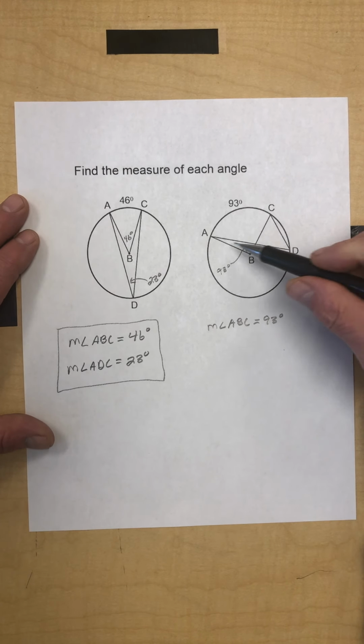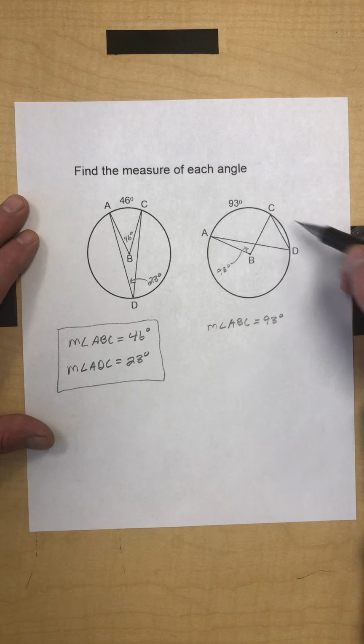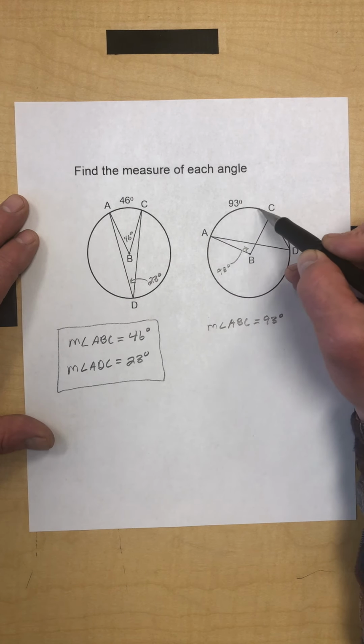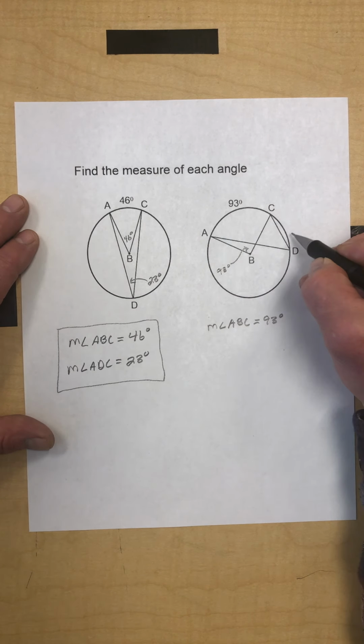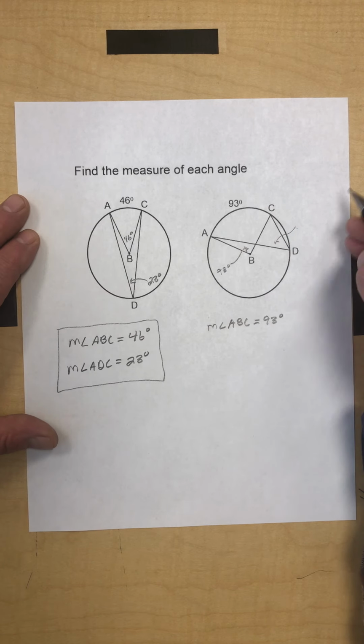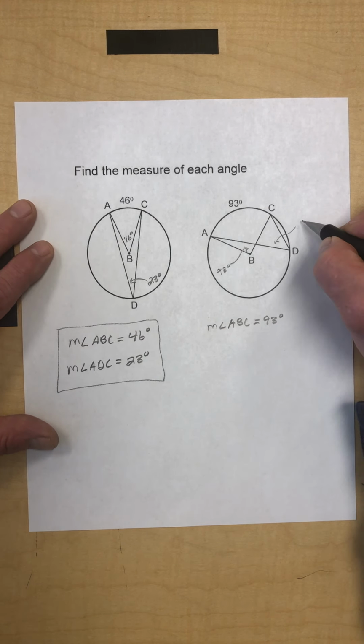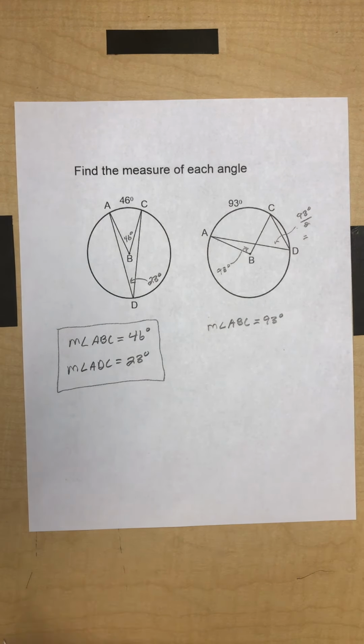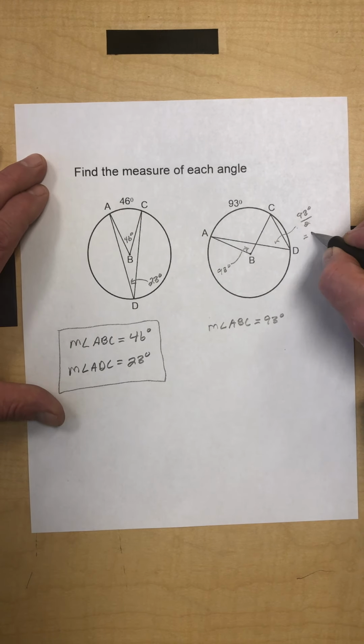Now we look at angle ADC. Notice it's an inscribed angle because the vertex is on the circle, and it has the exact same intercepted arc. So its measure has to be half of the measure of the intercepted arc. So I have to go 93 divided by 2. Again, we go to our trusty Walmart special, 93 divided by 2, and you get 46.5 degrees.